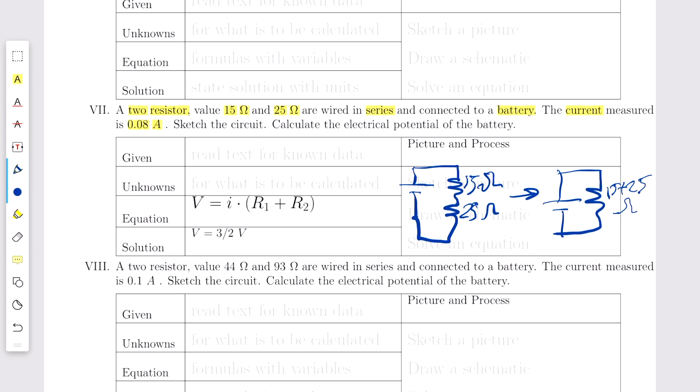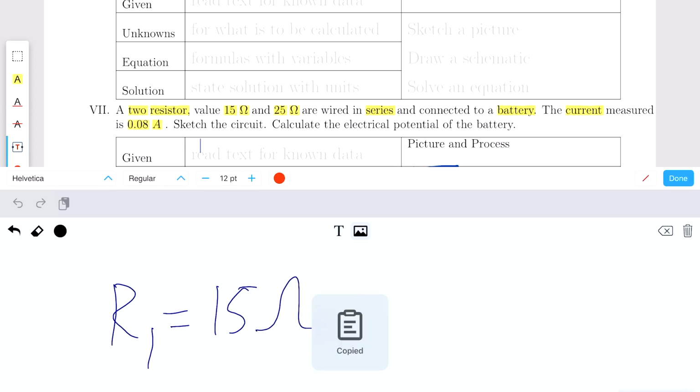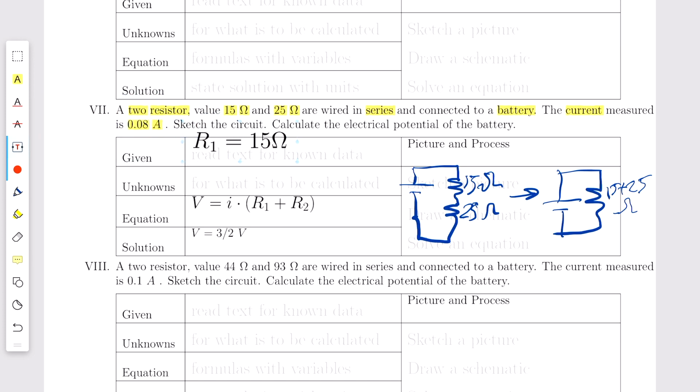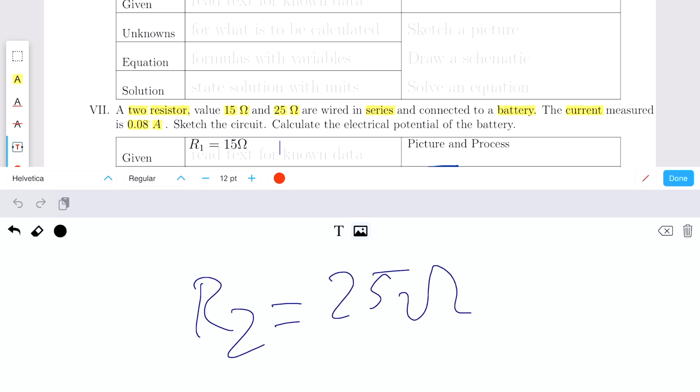So what we do is we call this R1 of 15 ohms. So we're going to say we have an R1 of 15 ohms. Then we're going to have an R2 of 25 ohms.